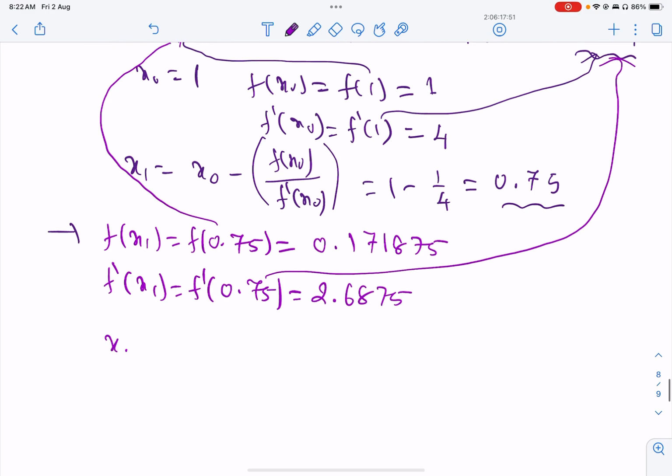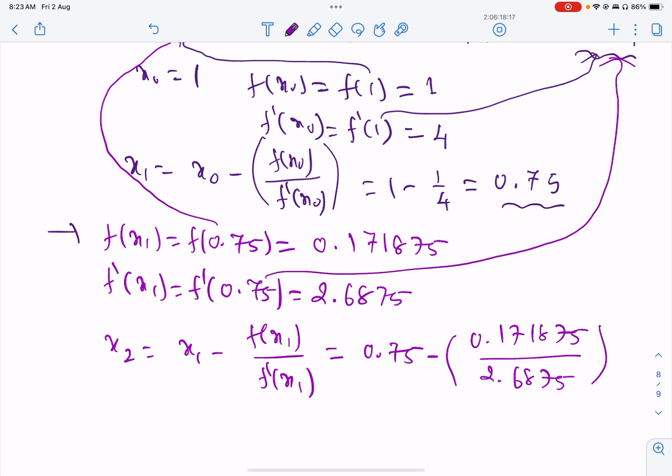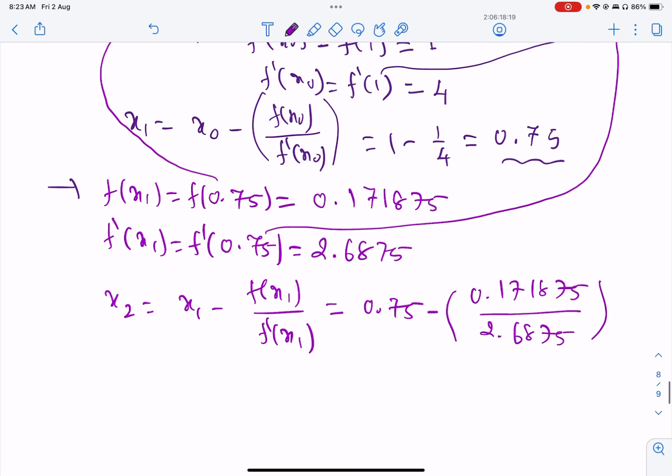And now x2. So x2 is x1 minus f of x1 divided by f dash x1. So this is 0.75 minus 0.171875 divided by 2.6875. You use the calculator and you will get 0.68605.